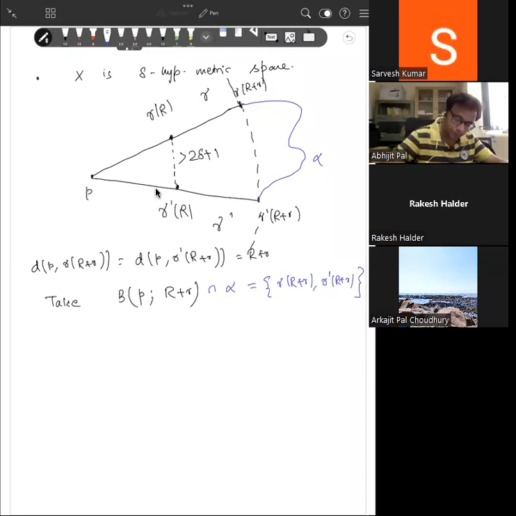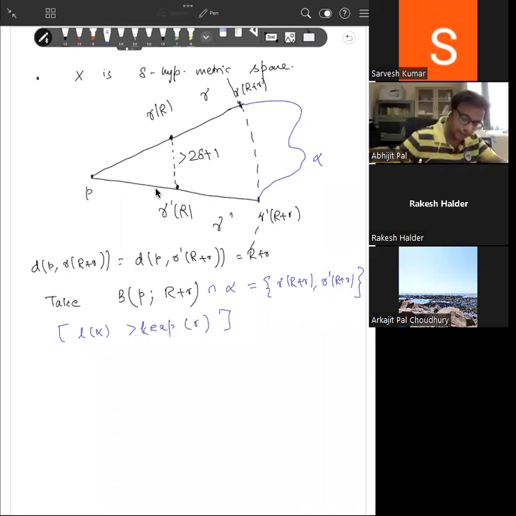We are going to prove the same kind of thing here. What we are going to show is that the length of alpha is greater than some exponential function of r, with some constant, so k times some exponential of r.